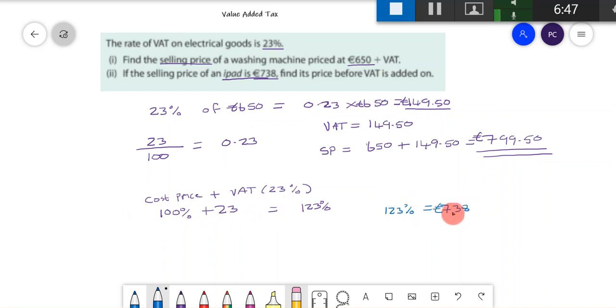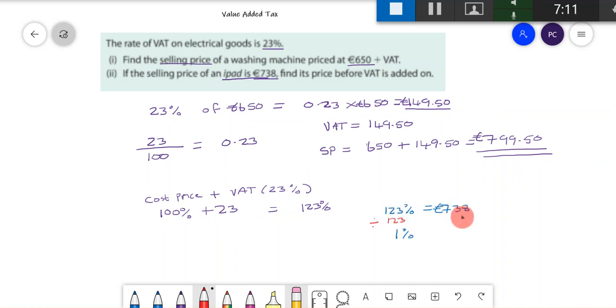Again, what we want to do is work out what 1% is equal to. If 123% is equal to this amount, then to find out what 1% is, we divide both sides by 123. So we have to bring this down to 1.